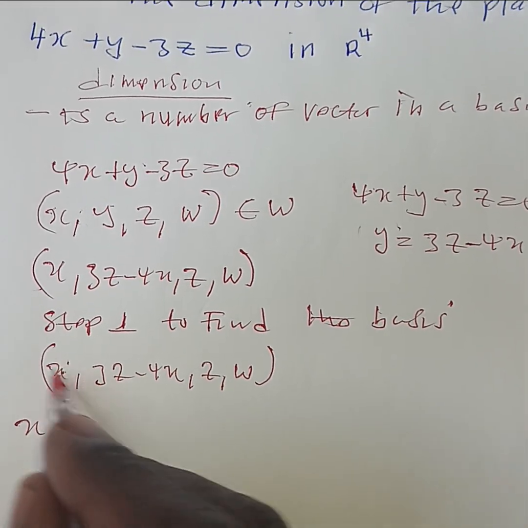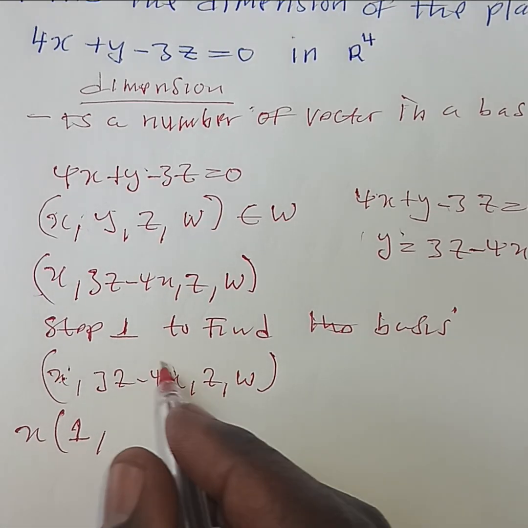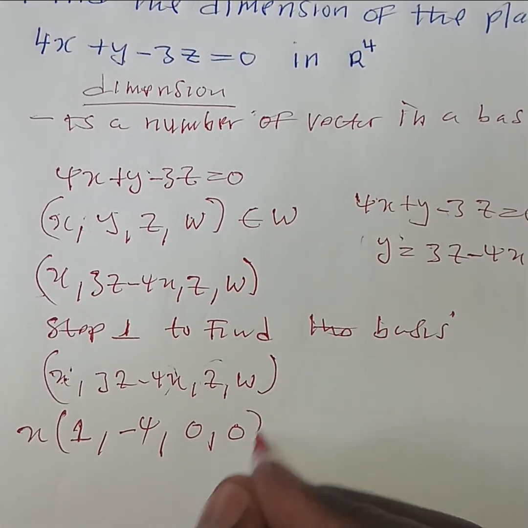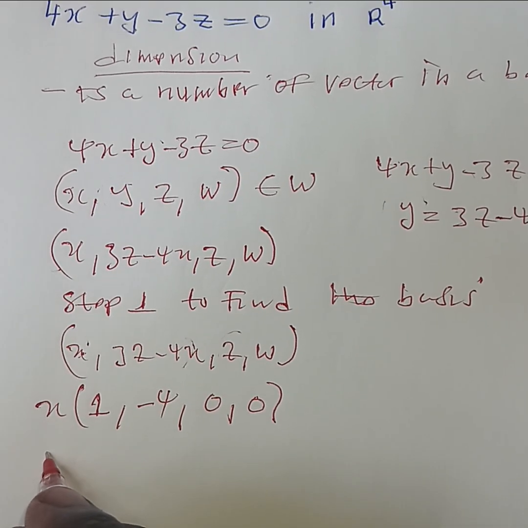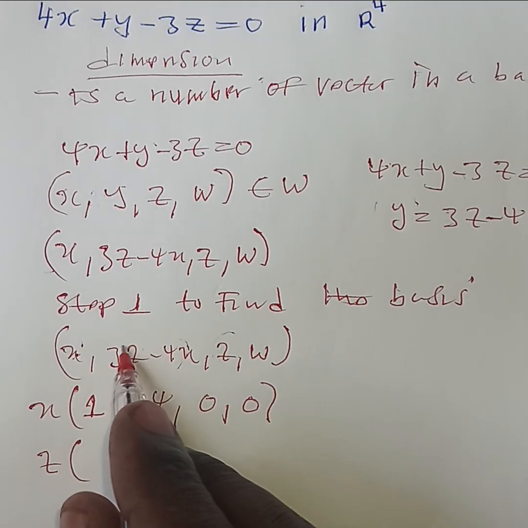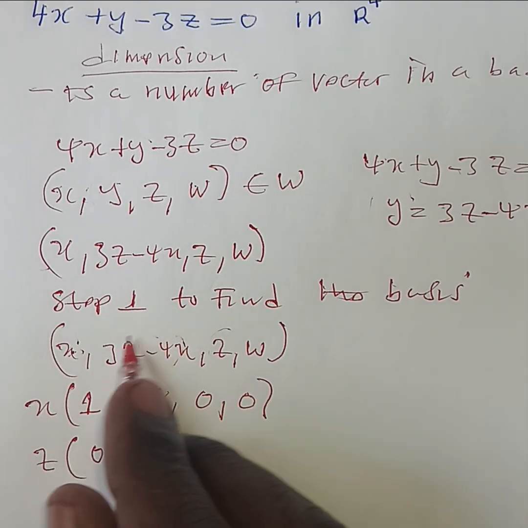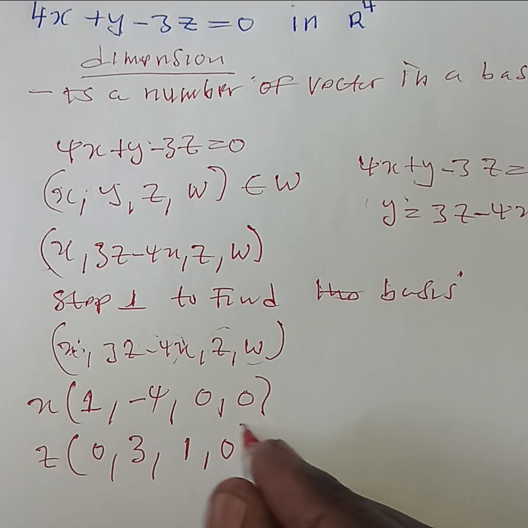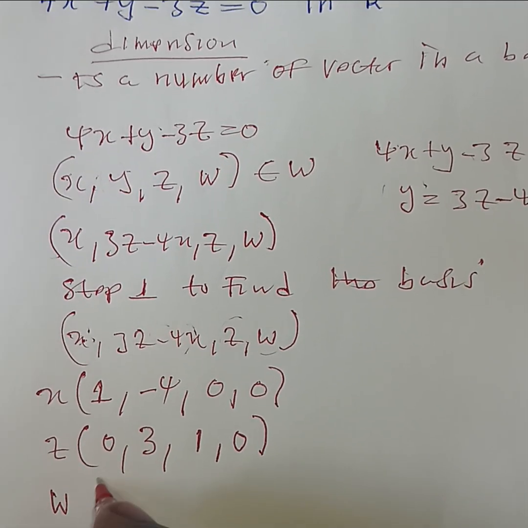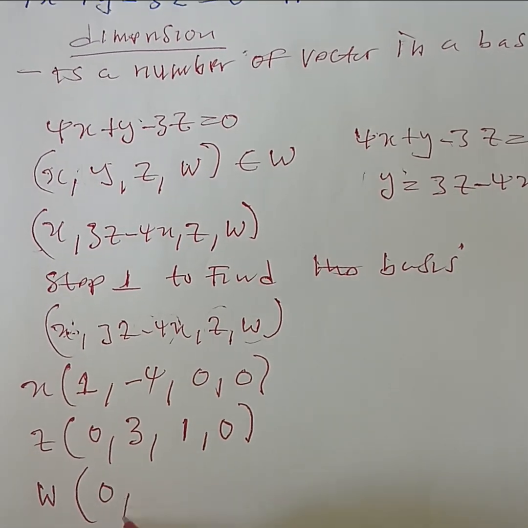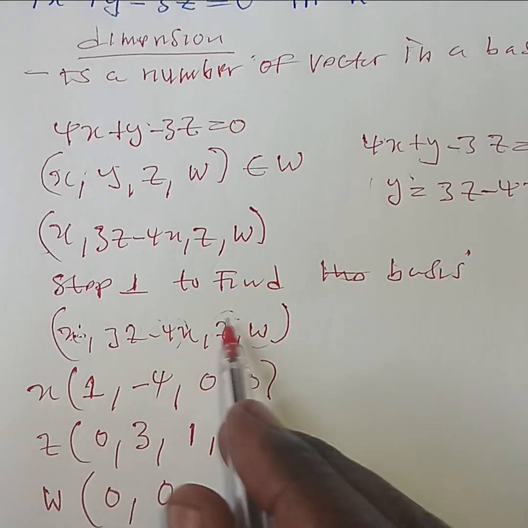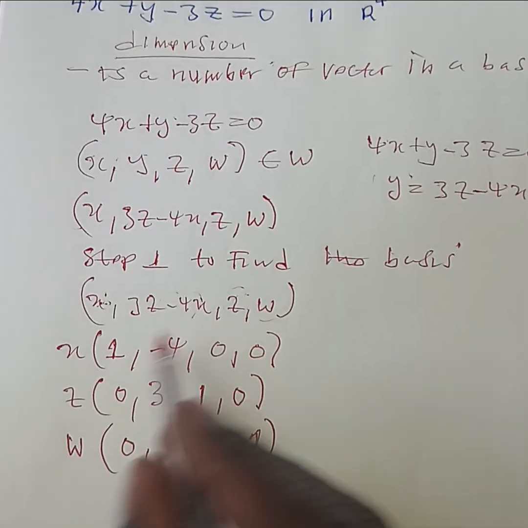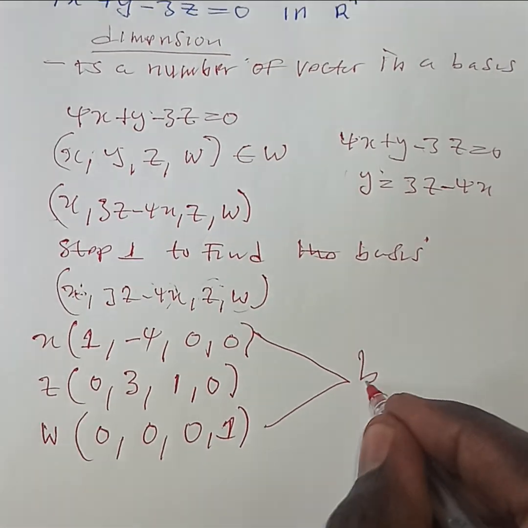Factorizing x gives 1, negative 4, 0, 0. Then we factorize z: it gives 0, 3, 1, 0. Then we factorize w: it gives 0, 0, 0, 1. These three vectors are the bases.